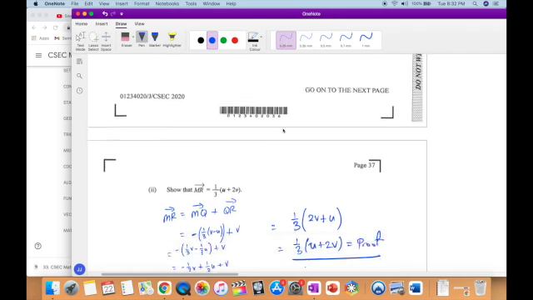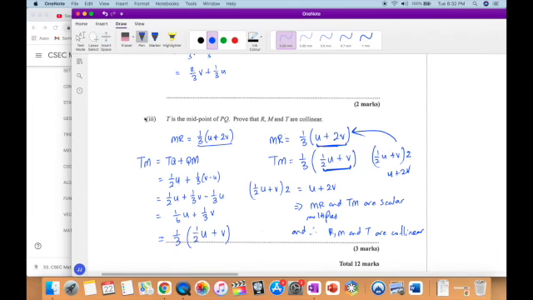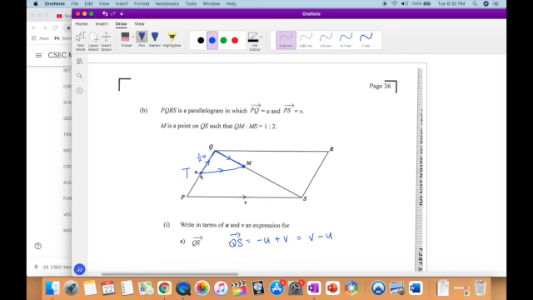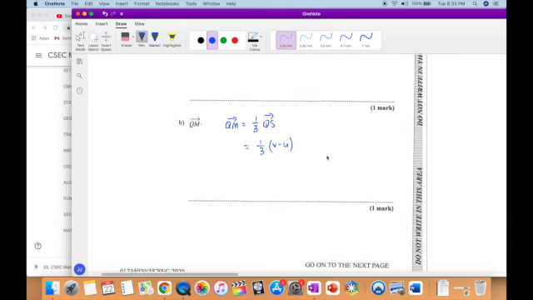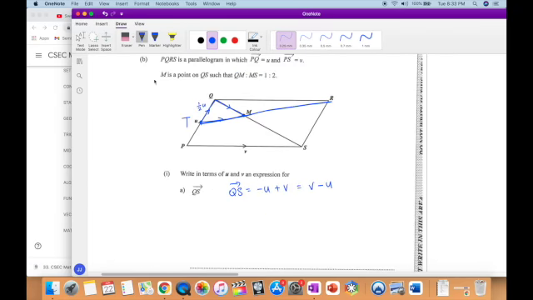Does anybody want me to explain anything again here? Scotia, you catch a drift of what I did here, right? In order to prove that these three are collinear, we already had MR here, so we already have the vector for MR. All I needed to do was find this vector TM.